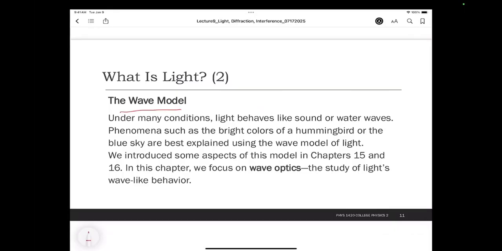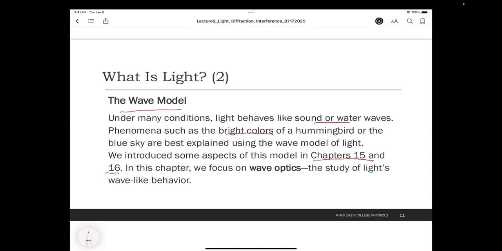Phenomena such as the bright colors of a hummingbird or the blue sky are best explained using the wave model of light. Sometimes the hummingbird and some bright colors, some beetles and some DVDs, these can be explained very well using the light wave model. We introduce some aspects of this model in chapters 15 and 16.